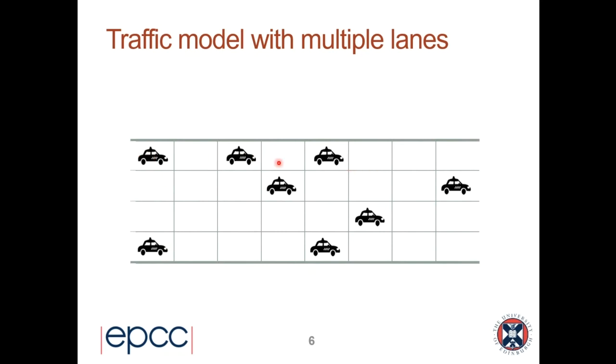So each process has 4 cells. I run my code, and each process computes the number of cars that have moved. So each process has computed the number of cars that move locally. What collective call would I use to compute the total of cars that have moved?